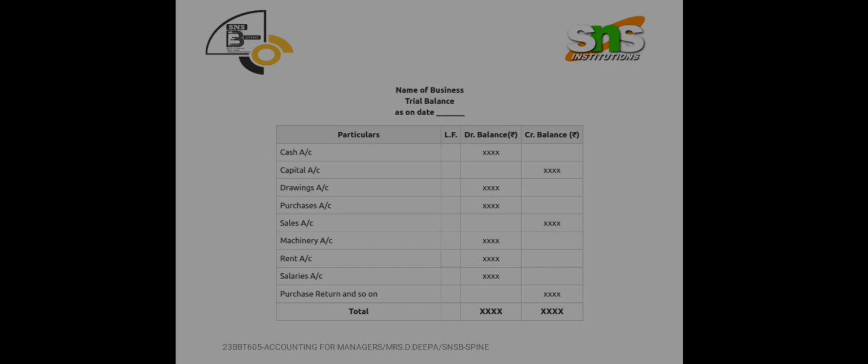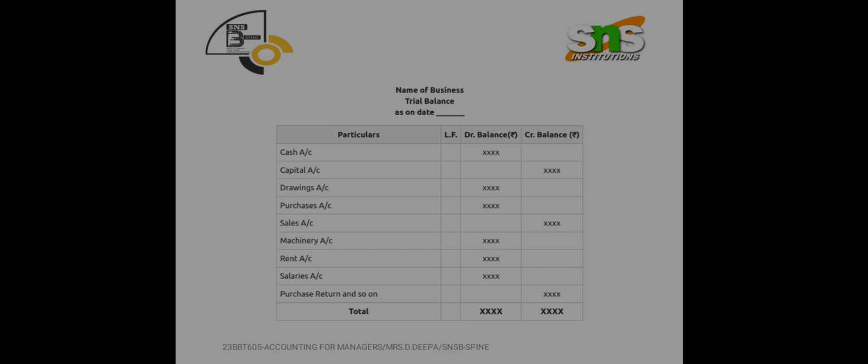For the debit side and credit side of the trial balance, we have certain rules. Assets, expenses and losses are to be debited, and liabilities, incomes and gains are to be credited.